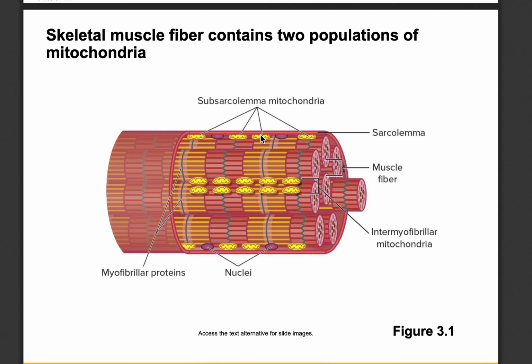So they're on the outside edges of the cell, but you also have some that are deeper inside the cell to allow energy to be made for different organelles, but also for what's called your thick and thin filaments, for those to be active throughout. So every muscle fiber can have its own energy supply throughout the muscle, so you're not having to rely on just one source of it. It's throughout that muscle.